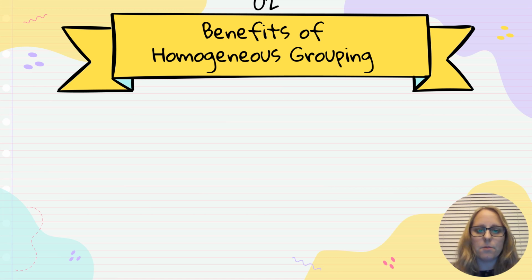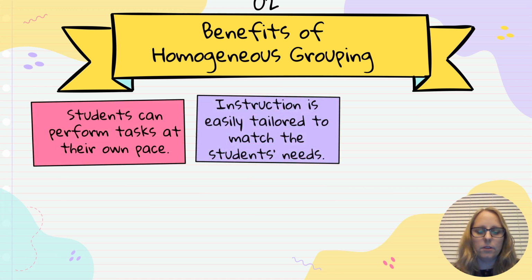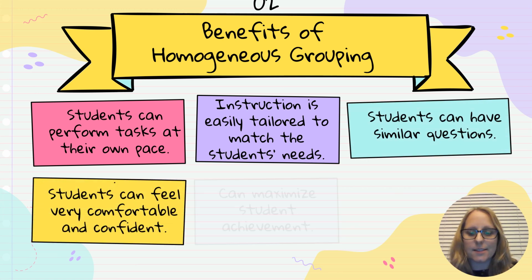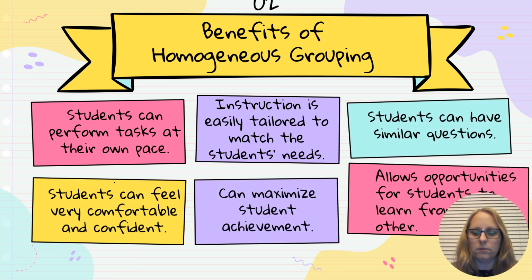Some benefits of homogeneous grouping include students performing tasks at their own pace, instruction being easily tailored to match the students in the group's needs, students having similar questions, students feeling very comfortable and confident.